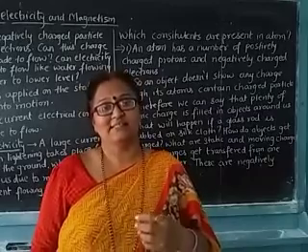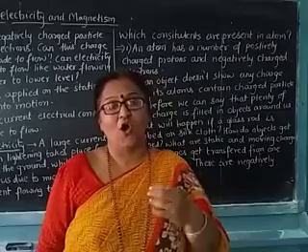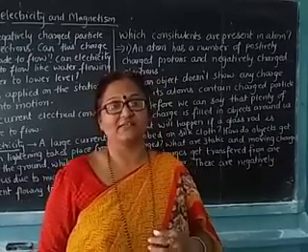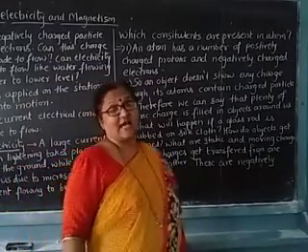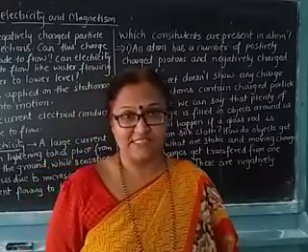How this substance gets its definite shape, and how these atoms are attached to each other, we are going to see. That means we are going to see which constituents are present in the atoms forming the substance.